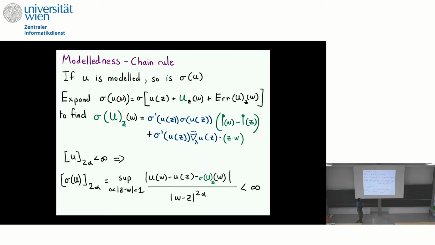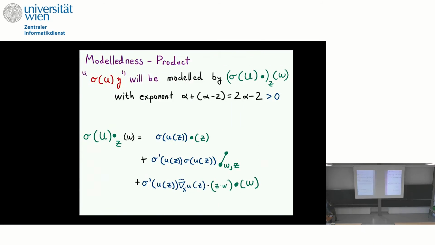So I can play the same game here, where in order to get the jet for sigma of u, I write sigma of u and then insert the jet for little u. I expand that and drop terms of higher order. And so then I get the definition of this jet. Okay. Good.